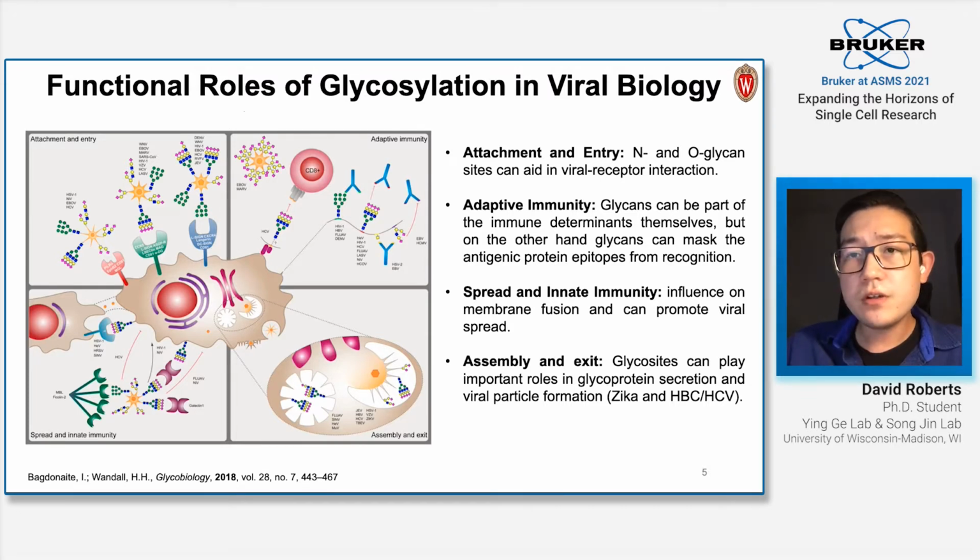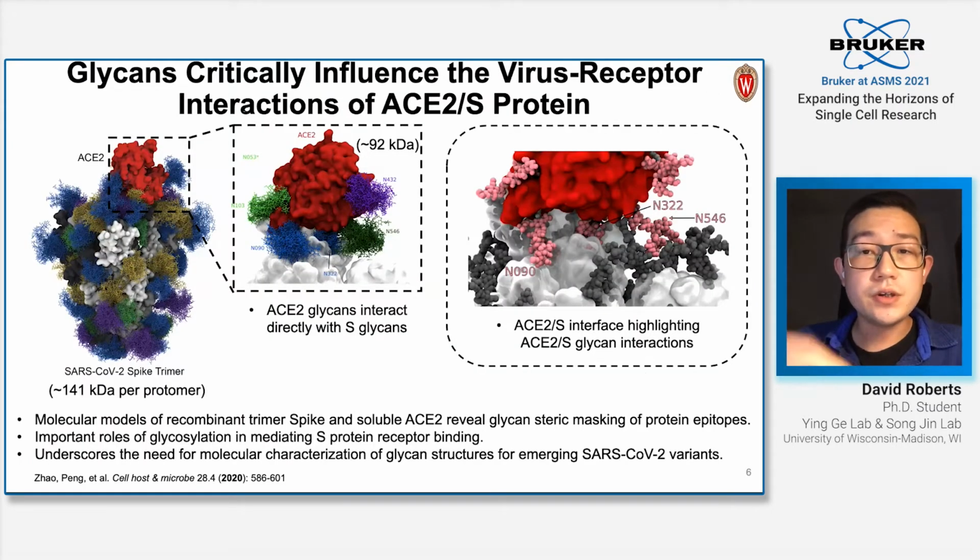And more specifically relevant to SARS, recent work by Lance Wells' group has shown that SARS-CoV-2 and ACE2 glycans are critically involved in receptor interactions, but not just at the protein surface level; potentially the glycosylation itself could be mediating this binding.